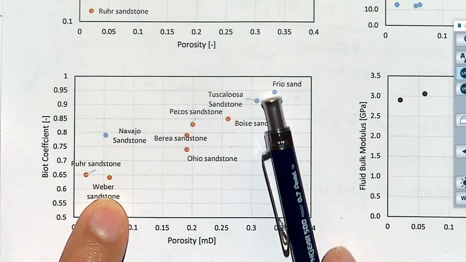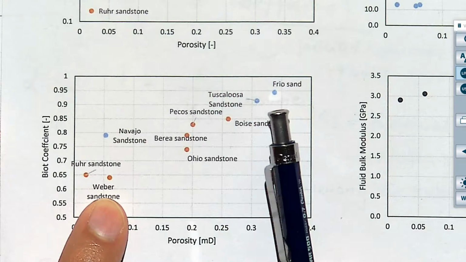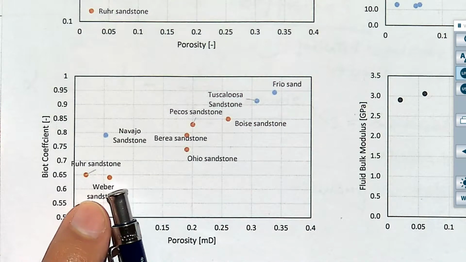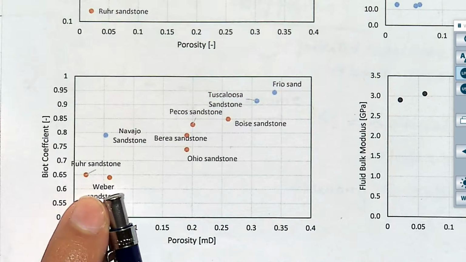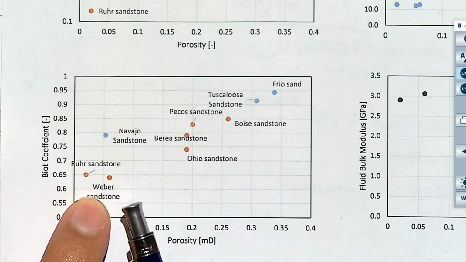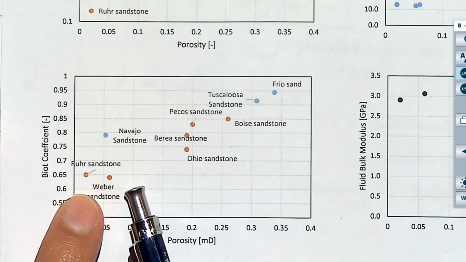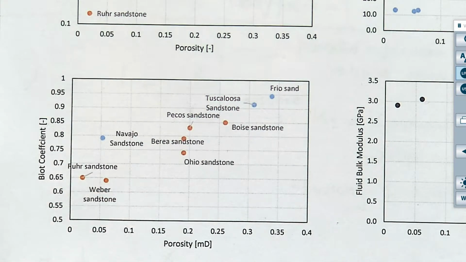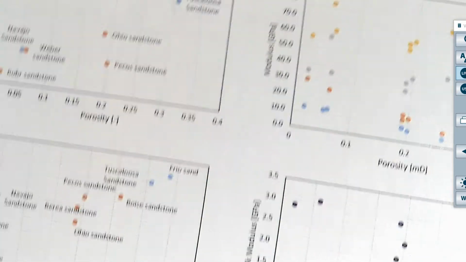Because the difference is just 10% if it's 0.9 and you assume it equal to 1. But as you go into tighter and tighter rocks, that error increases. So that's something that we would like to get to know, because we could have significant errors by not knowing very well what the Biot coefficient is.